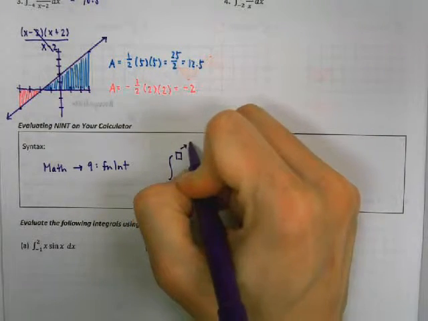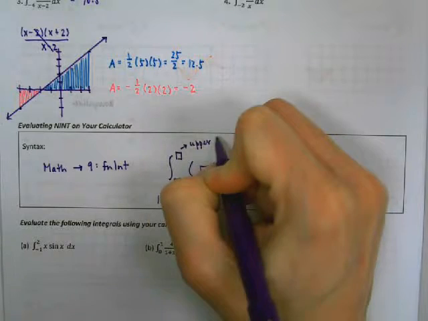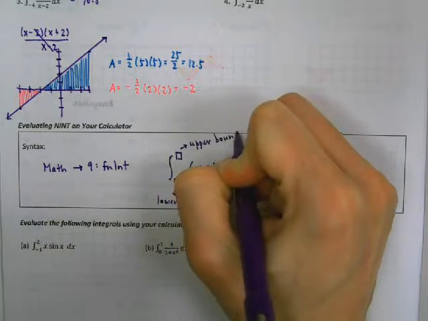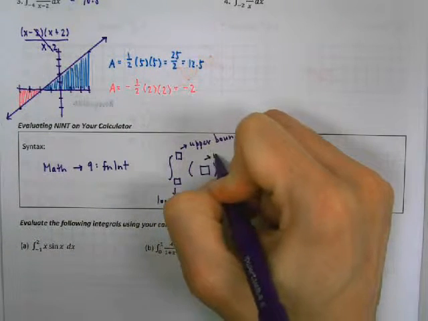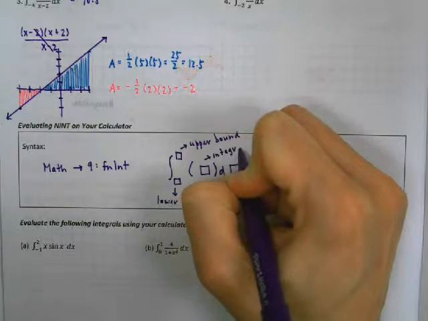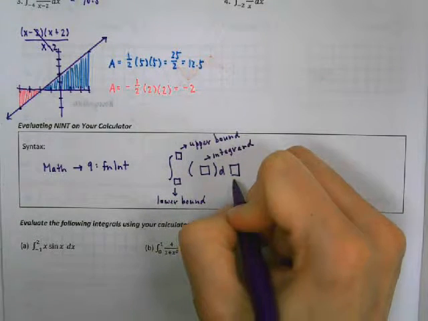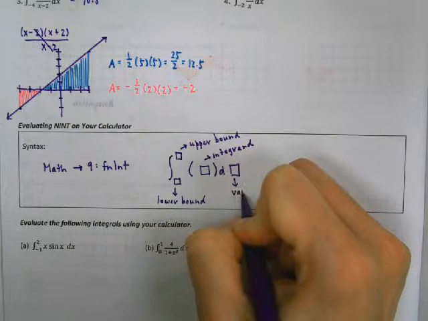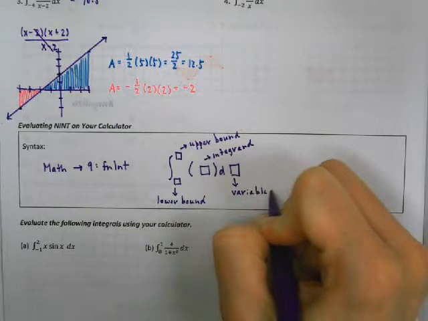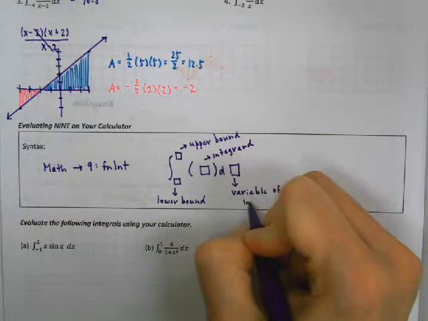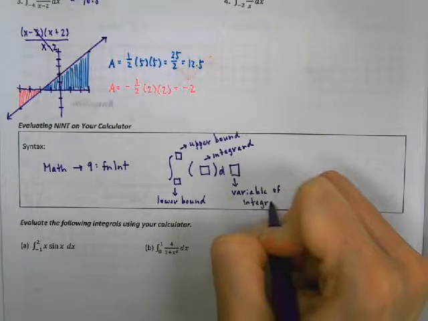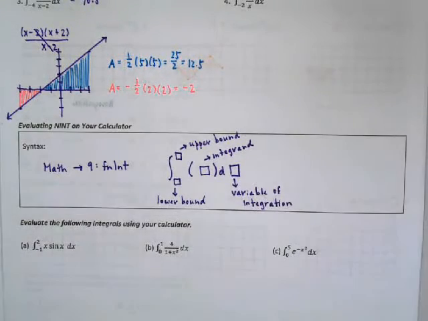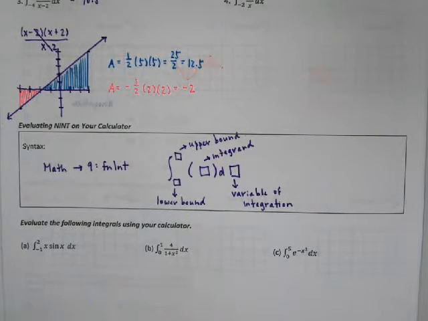This is going to be our upper bound. This is what we call our integrand. It's really the function that we're integrating. And here we're going to put our variable of integration. So here's what it's going to look like.